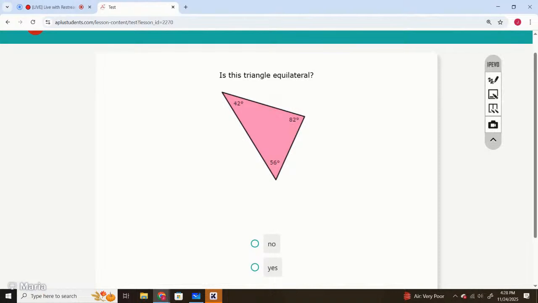Is this triangle equilateral? No, that is not the equilateral triangle.